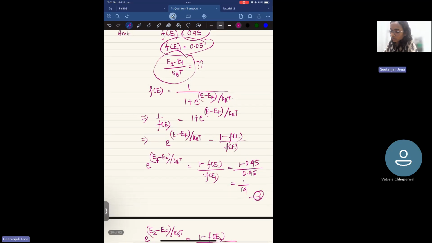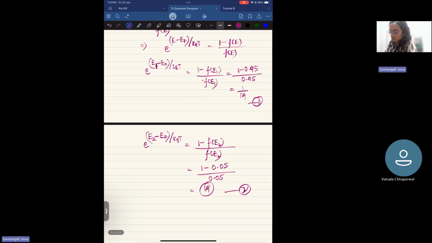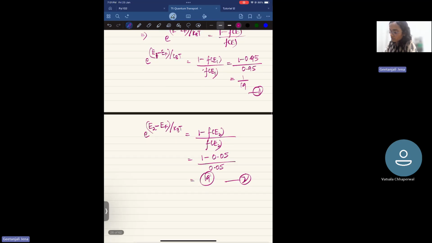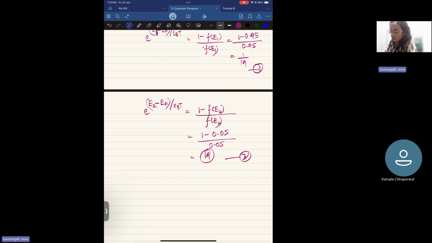We need to find E2 minus E1 by KBT, so you just need to divide the second relation by the first.